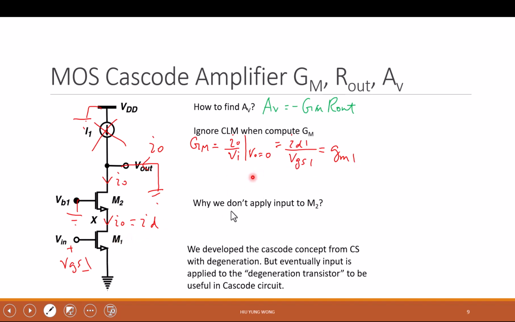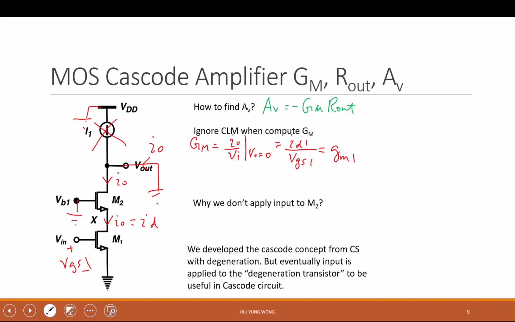Now you need to think about the definition, right? The definition is that if the current goes down ID, it is called GM1, so it's just positive. Or you think of it this way: when VGS increases, ID will increase in this direction by definition, right? So it is still GM1, okay? And is this clear?